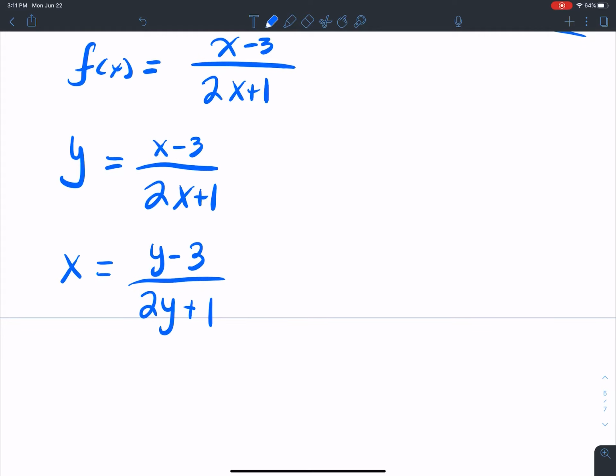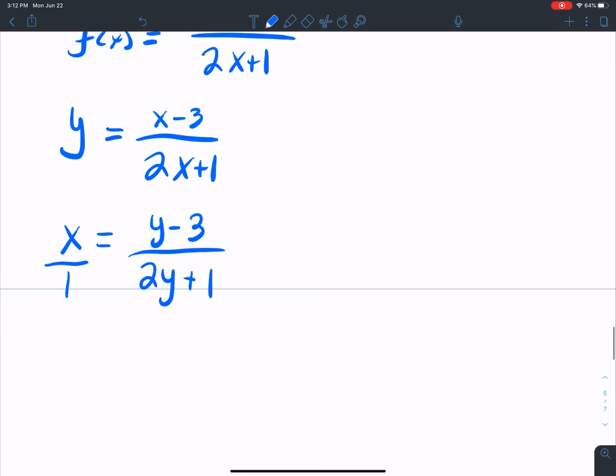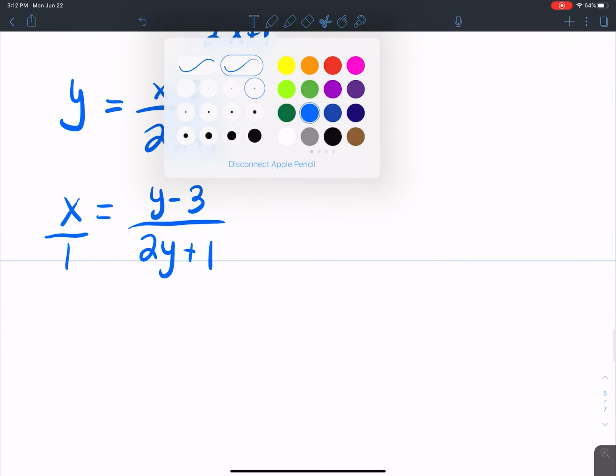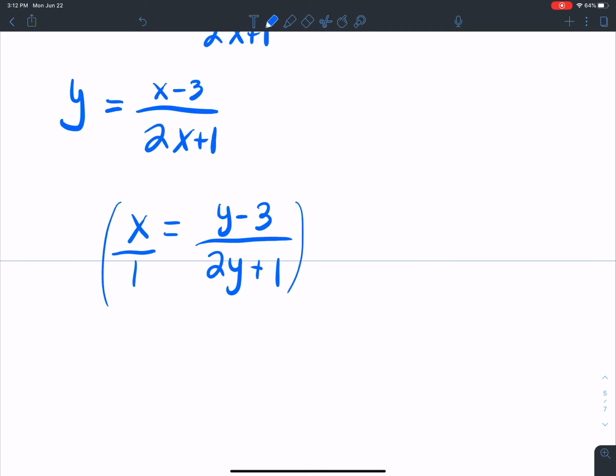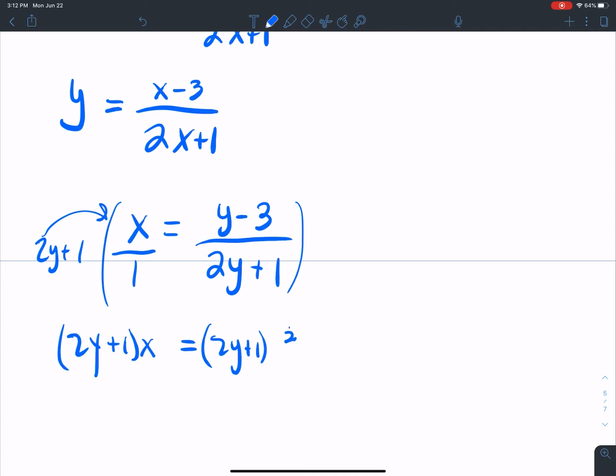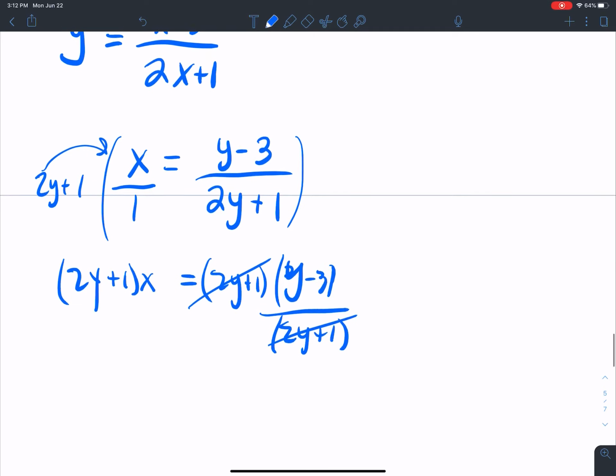My suggestion, you do whatever you want, but I would get rid of the fraction. So to get rid of the fraction, I'm going to multiply both sides of the equation by 2y plus 1. When I do that, this becomes (2y plus 1) times x equals (2y plus 1) times (y minus 3) over (2y plus 1). What happens with the 2y plus 1s? They cancel.